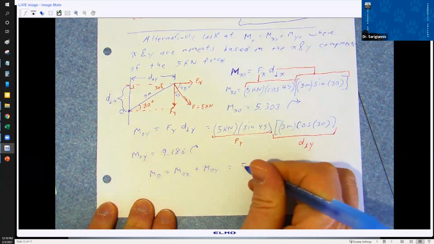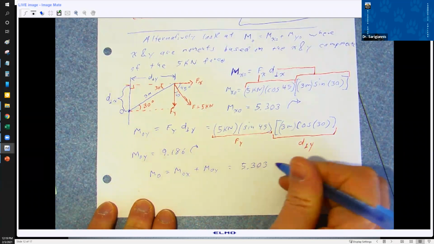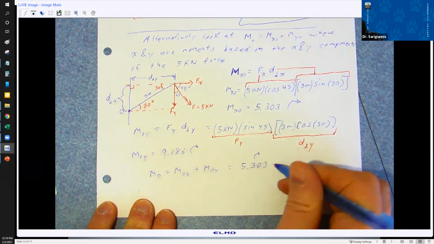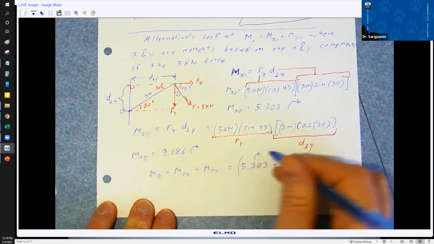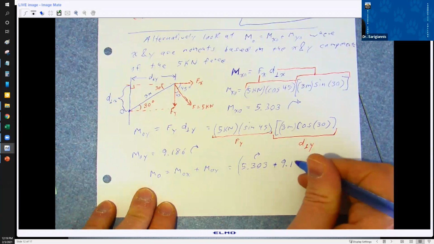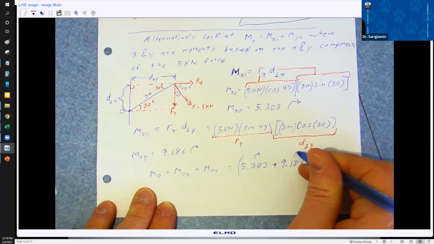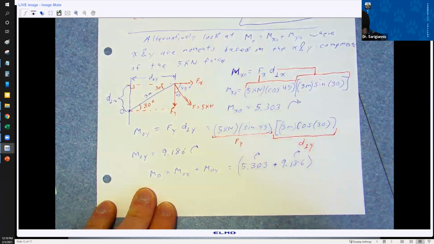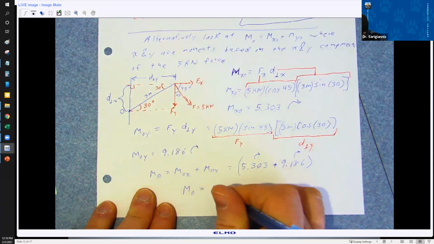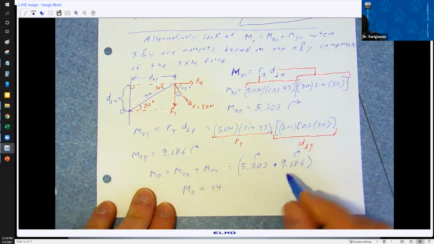I've got 5.303. And now you could use negative signs instead of the arrows just to keep track of things. You want to keep track of which direction things are going.